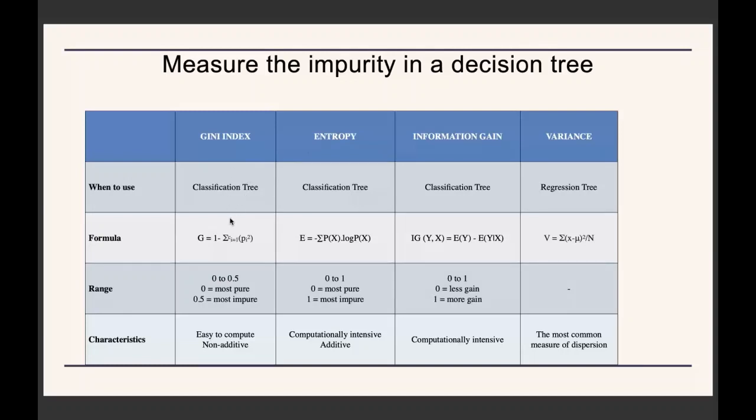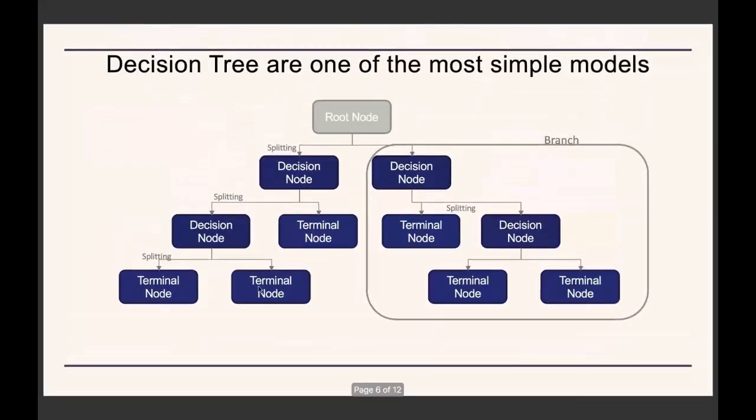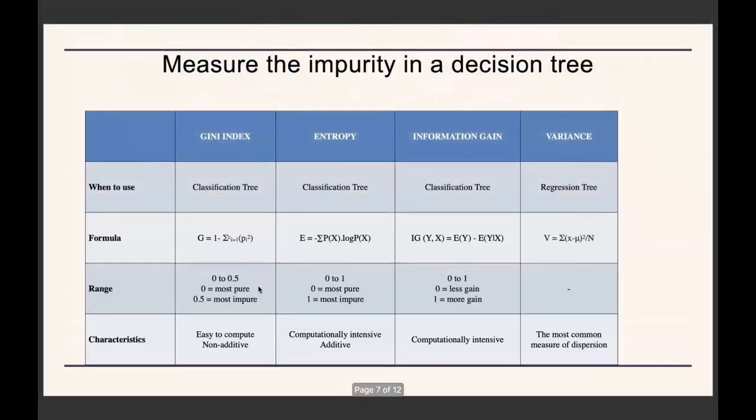Gini index refers to the objective of making the output nodes very pure. These three are the three criteria. I won't go into much detail.